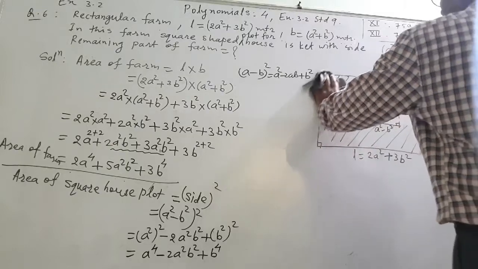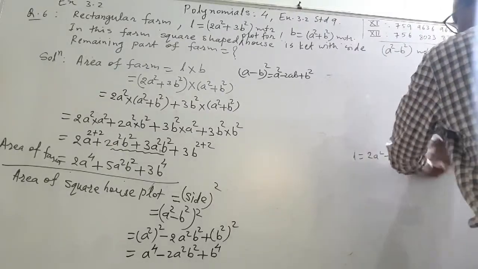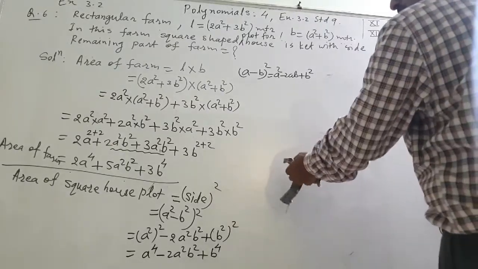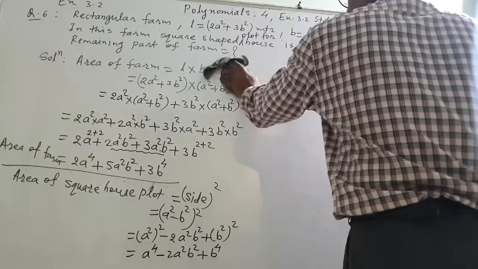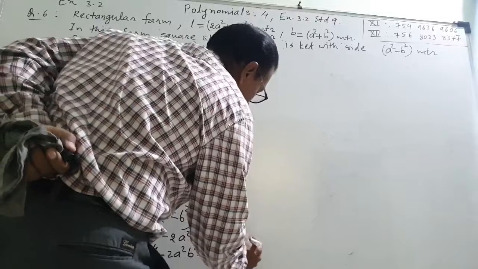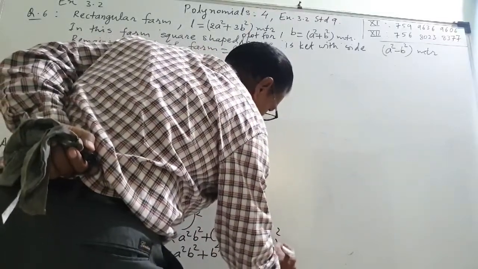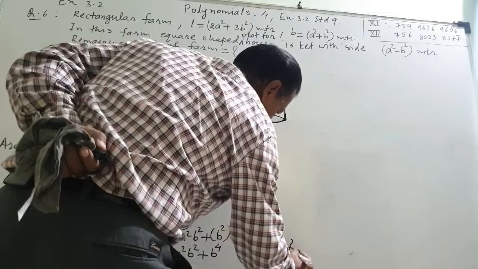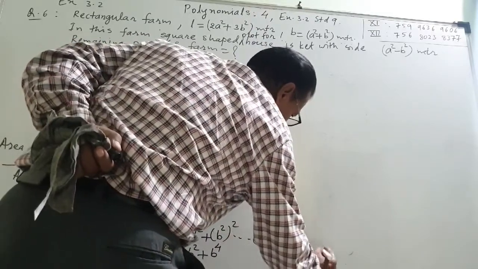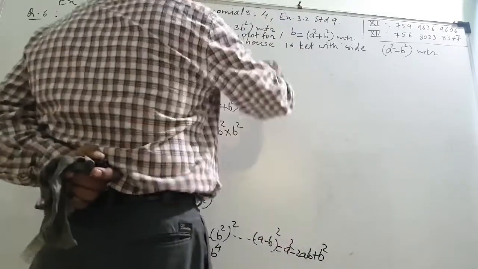Now the figure I am rubbing. This formula, you know it. Here I will write the formula: a minus b bracket square is equal to a square minus 2ab plus b square. This is the formula.